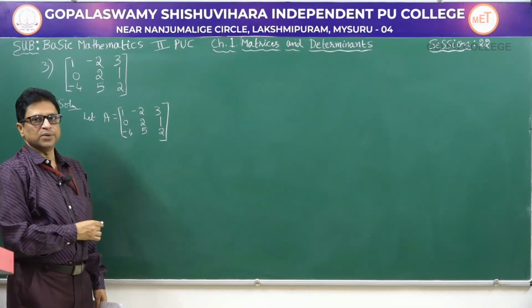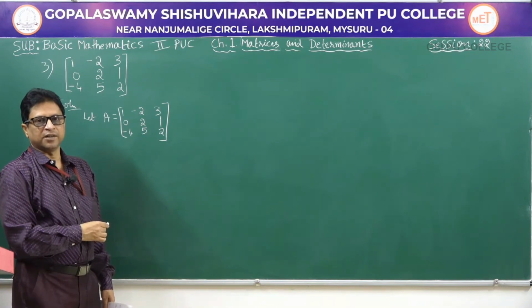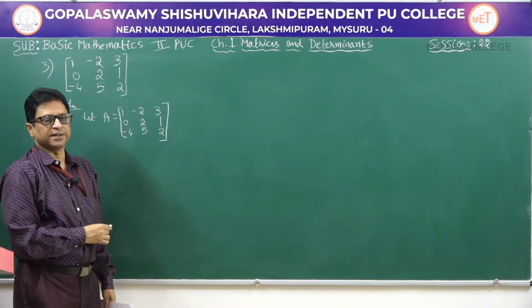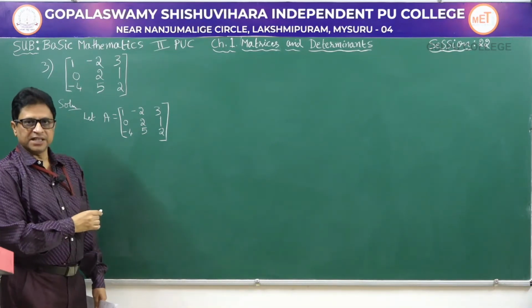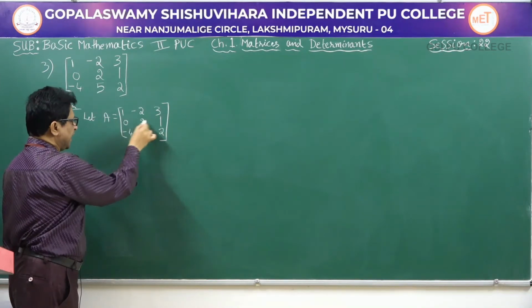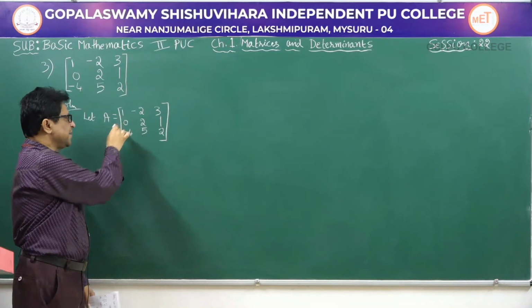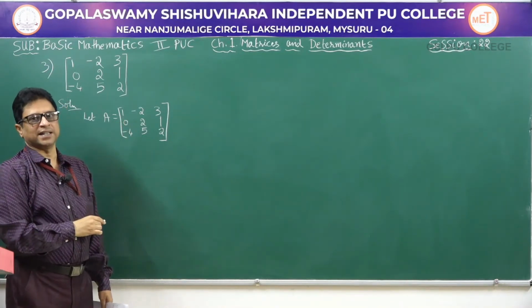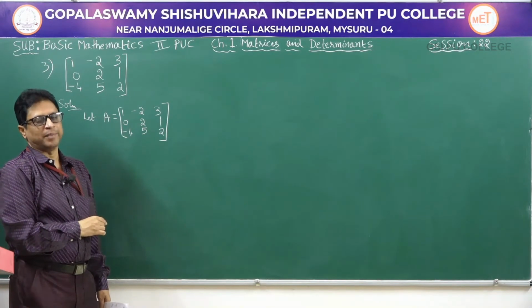So, we have to use the regular method. The method is, first we have to find the cofactor of every element, replace the elements by their cofactors and take the transpose of the cofactor matrix.